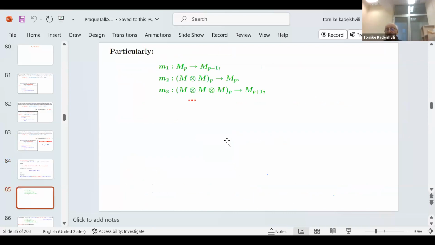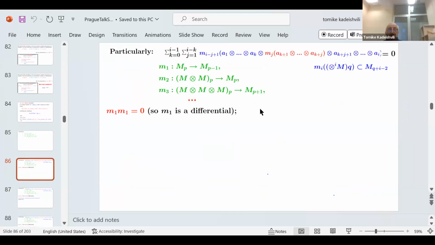But it is always very good to look at it in low dimensions. M1 is from M to M, M2, M tensor M to M, M3, M tensor M tensor M to M. I rewrote this Stasheff condition here. If I rewrite the condition now, it will be M1 squared equals 0.